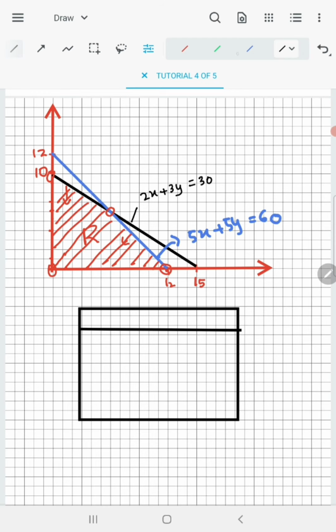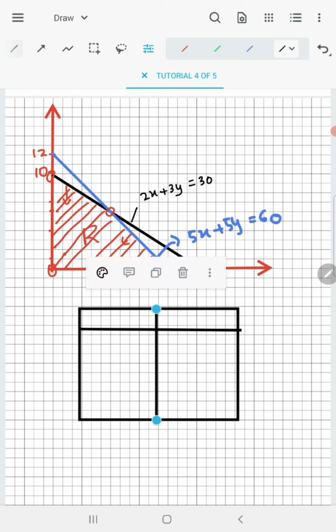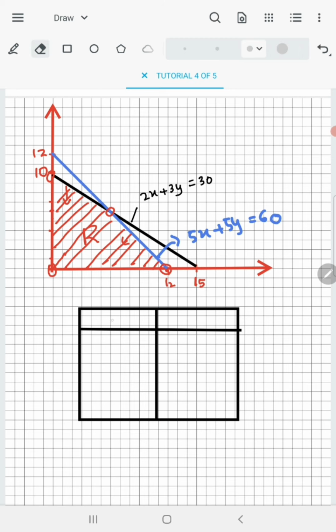And then here we put the corner point, and here is the objective function.